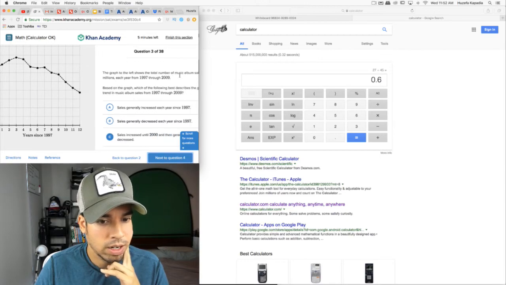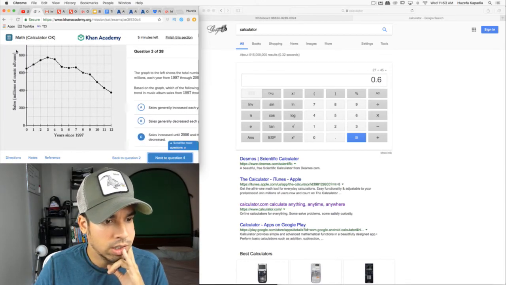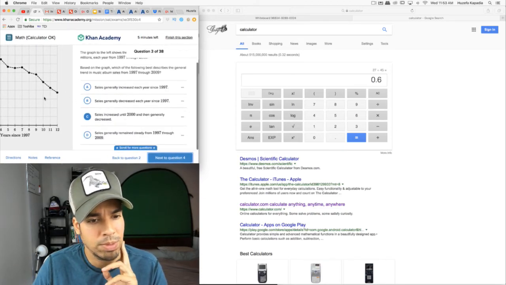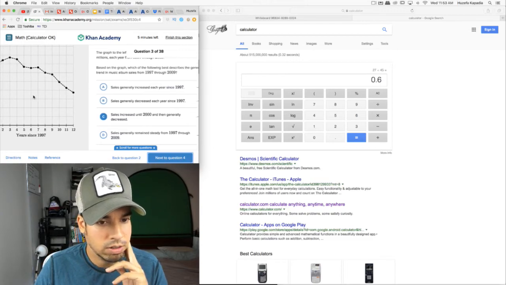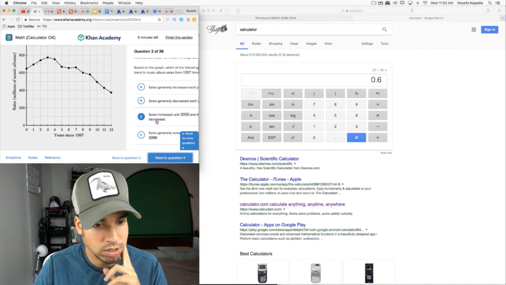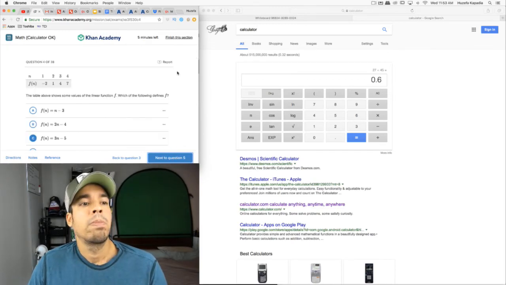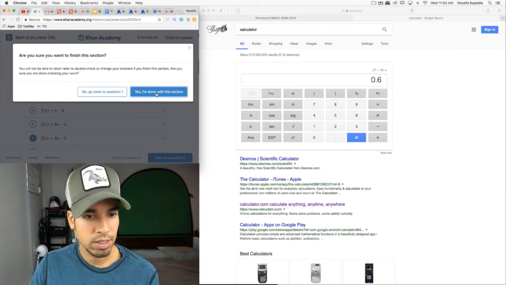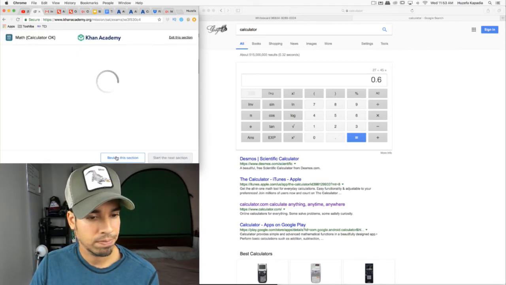I think I actually got it right. Increase until 2000, so this is 98, 99, 2000, and then generally decreased. I picked it randomly because it just sounded right, like there were some dynamic changes. So yes, it decreases, so it's actually correct. Okay, let's just finish and see how I did, and we can answer questions then.